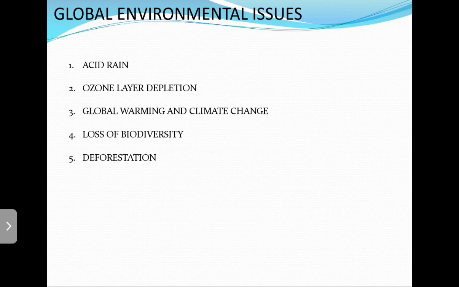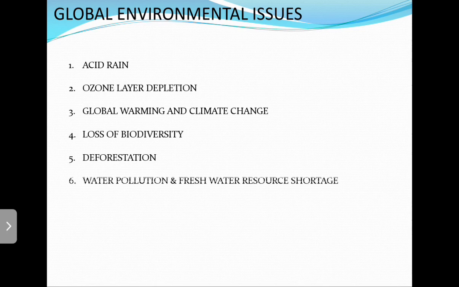For the development of industries and other activities for our human comfort, deforestation is really a big issue, because we cut trees like anything without doing further plantation. And we cut trees which are too old, maybe 100, 200, 300 years old. It takes so much time to grow, but we cut it in a single minute. So definitely it's going to be a big issue in future.